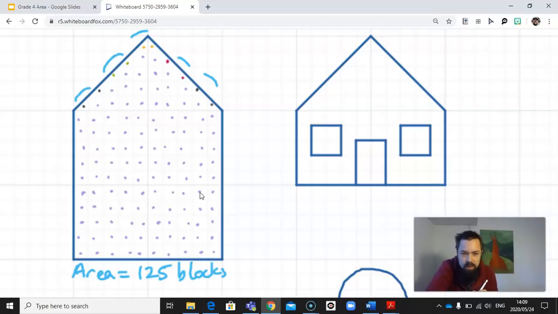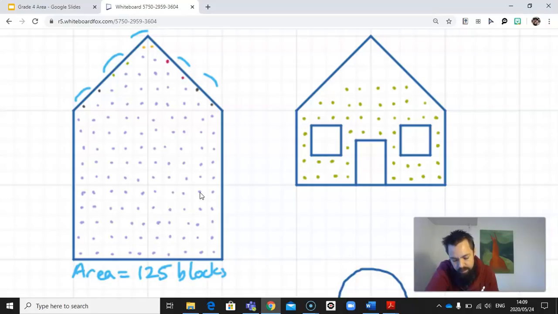So remember, I'm not counting the blocks or the spaces inside the windows and the door. So just the house part. 1, 2, 3, 4, 5, and so on, counting up through 56, 57, 58, 59, 60, 61.